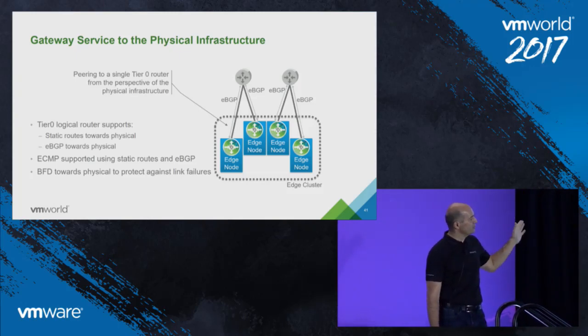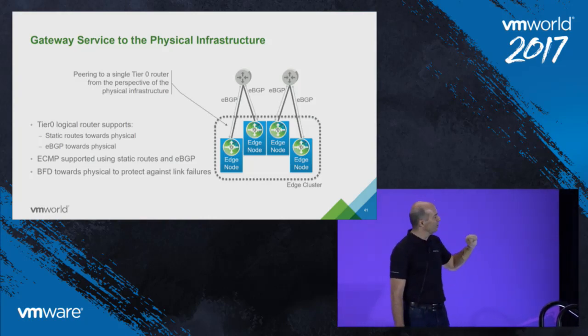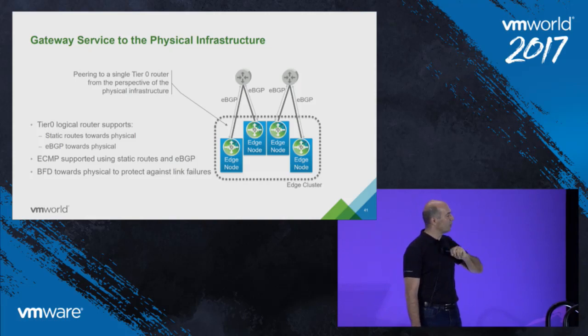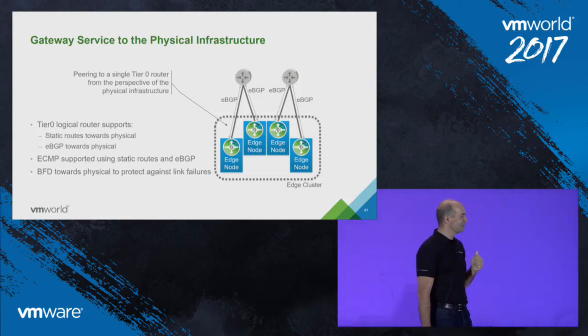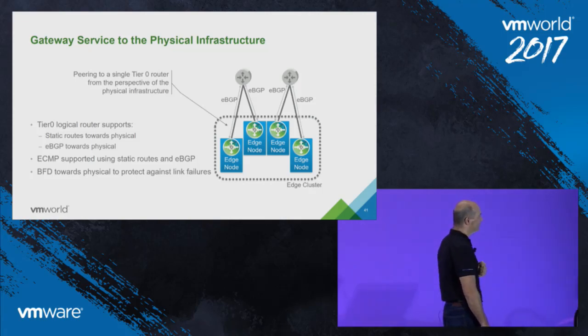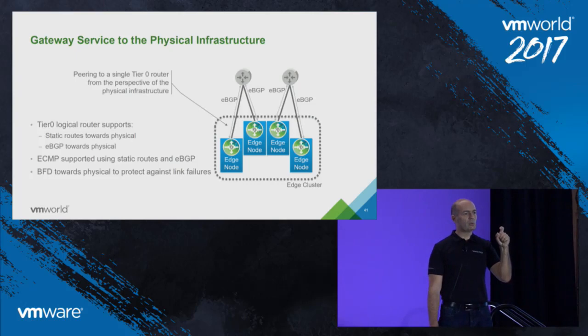We can do lots of fancy stuff on the BGP front, and we can use ECMP, we can filter AS path. I'm not going to go into the detail. I'll refer you to a routing session that happened this afternoon for more detail on our BGP capability. An important request for NSX for vSphere was BFD toward physical to protect our adjacencies, so we can converge quickly.